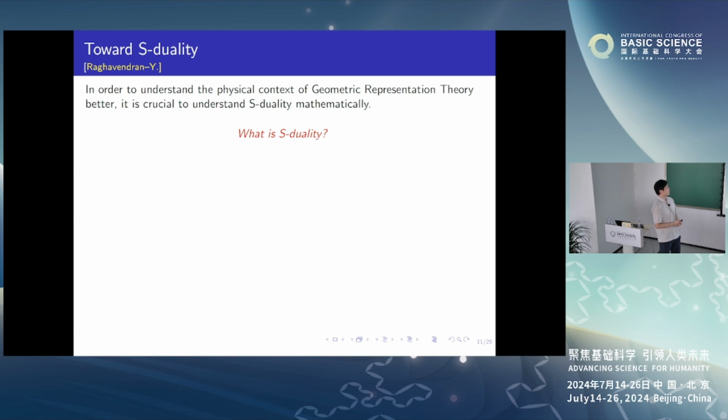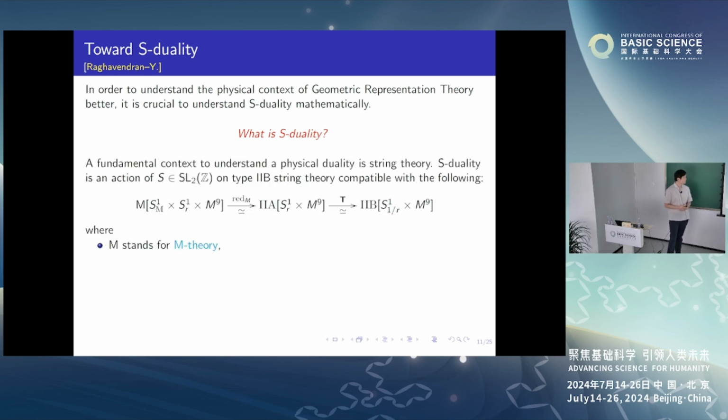So of course, the question would be, what is S-duality? One thing physicists would say is that S-duality is easily seen in the context of string theory. They would say that there is this diagram where this M stands for M theory.